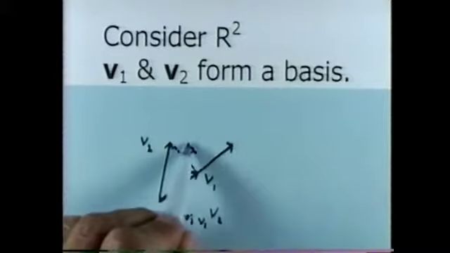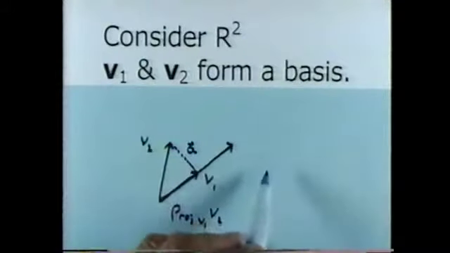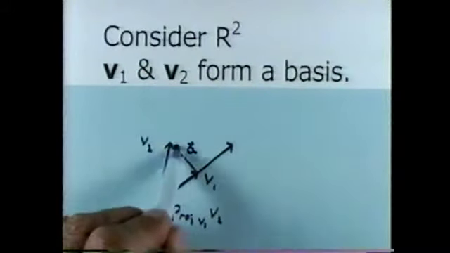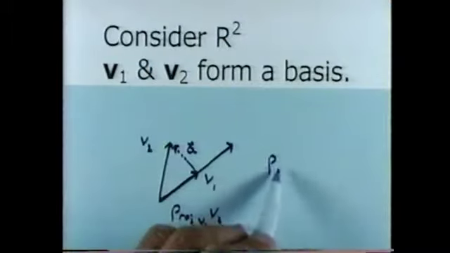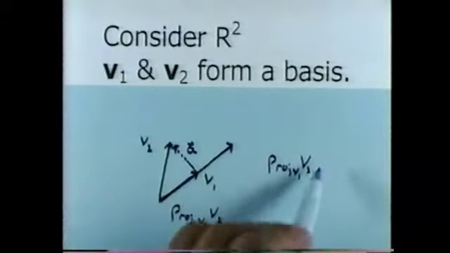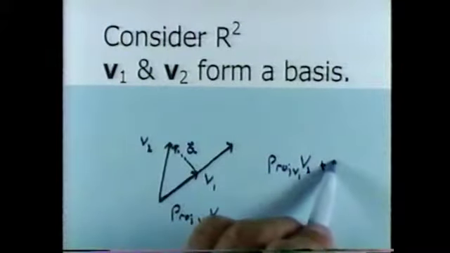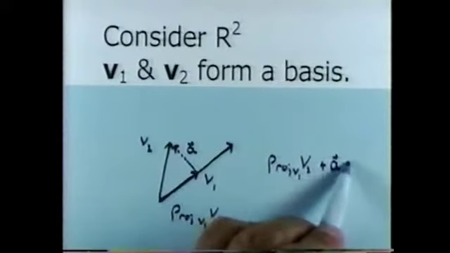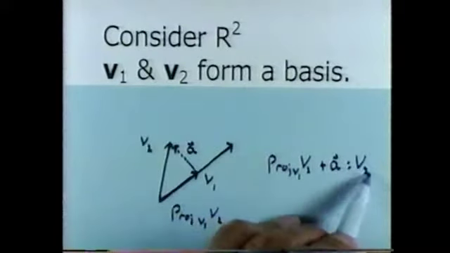If I call this vector A, I can see that the projection of V2 onto V1 plus A is going to equal V2.